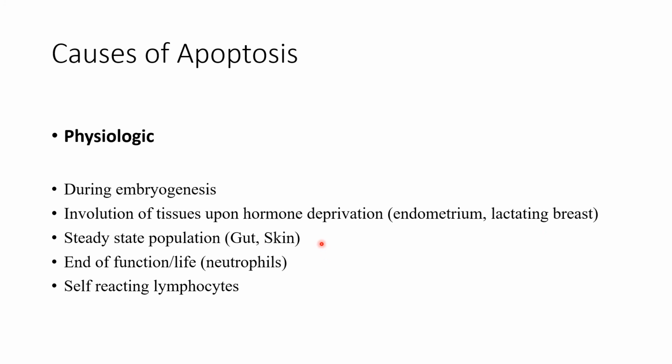Another example على apoptosis physiologic is the need to maintain steady state population زي في the lining of the gut الأمعاء والمعدة والسكن، لأنه في هاي الأعضاء لازم يضل عدد الخلايا ثابت. فكل ما تطلع خلية جديدة في السكن for example الخلية القديمة مفروض تموت by apoptosis، لأنه إذا ما صار في death of the old cells the skin thickness will increase for infinity.